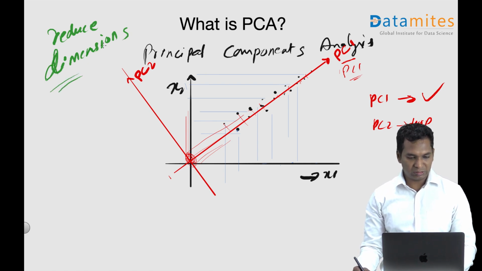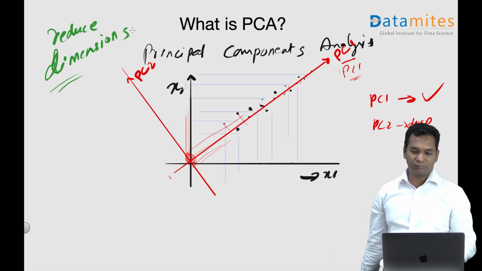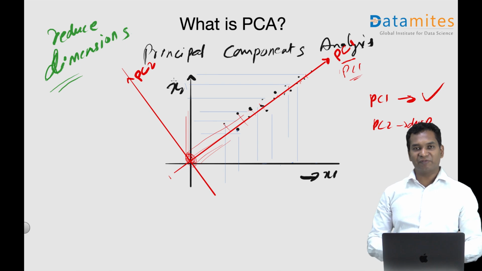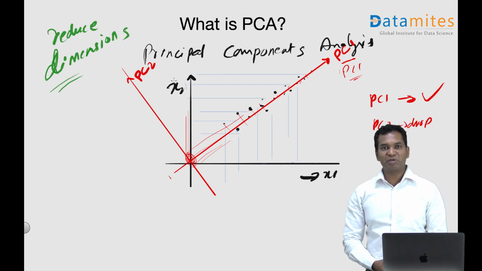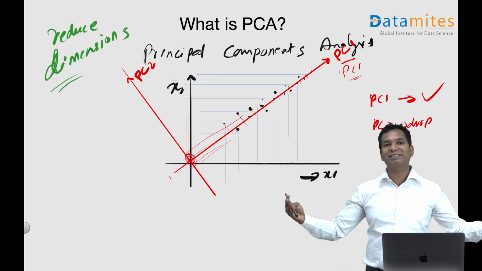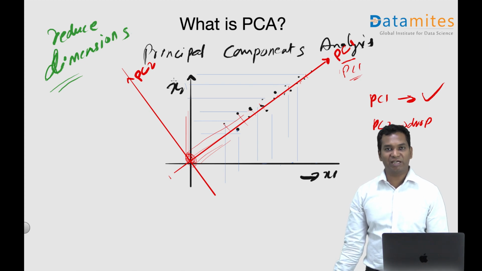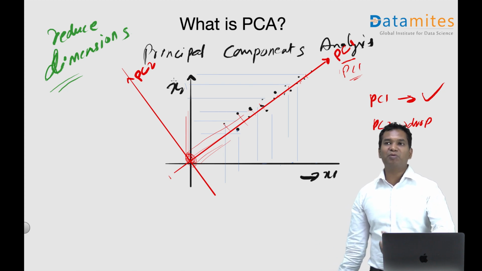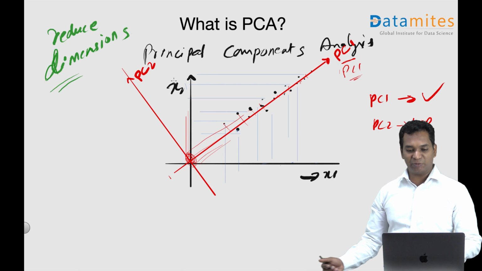In this case, two variables have become one variable. But in general, when you use principal component analysis, there are quite a number of variables, features, or dimensions. Let's say you have 25 dimensions. By using principal component analysis, you could probably reduce it to 4 or 5 dimensions.